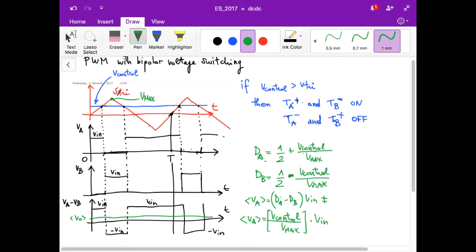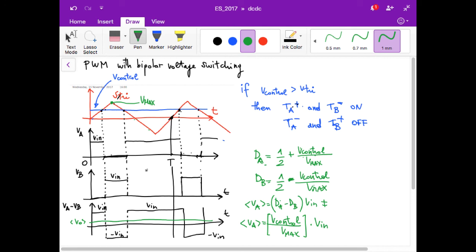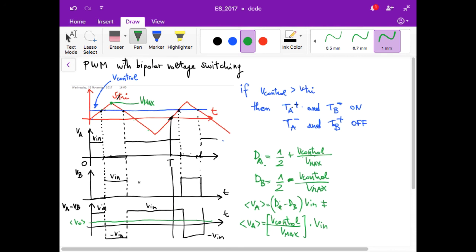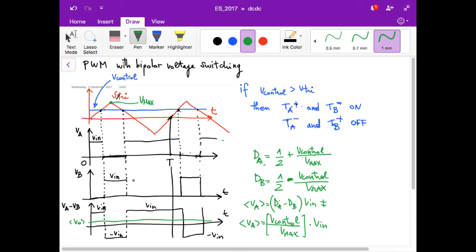The other thing that I want to mention is the fact that with this same principle, I can also obtain an inverter, because if I need to transform a DC power, a DC voltage, for example, into an AC voltage, as we usually do in a UPS.